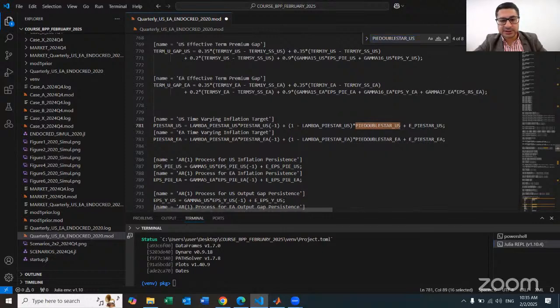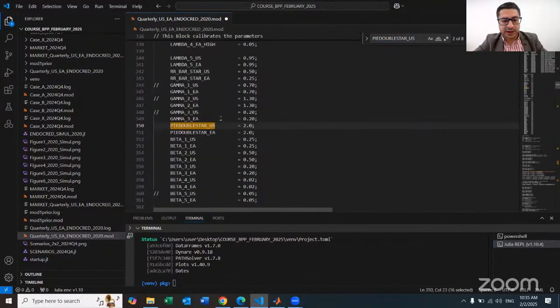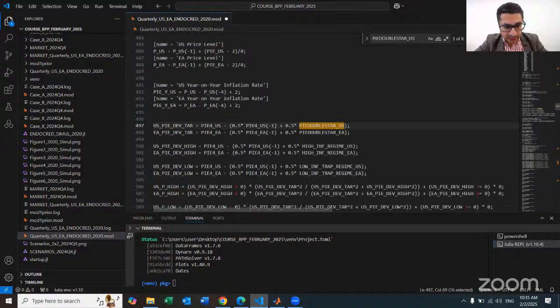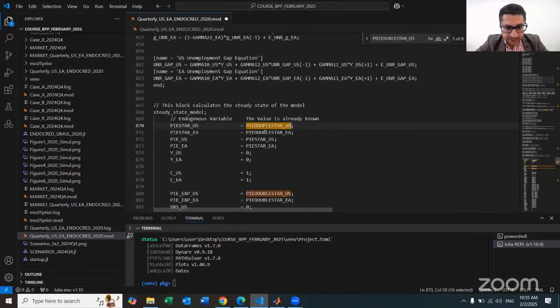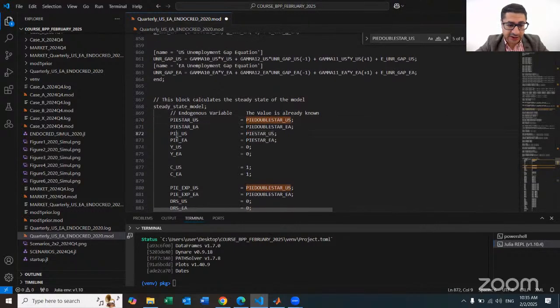Let's find this. Yeah. In the calibration block of the parameters, we set it to 2%, which defines targets for the Fed and ECB. Okay. We are saying that the varying inflation target equals the long run inflation target, and the inflation equals the inflation target.